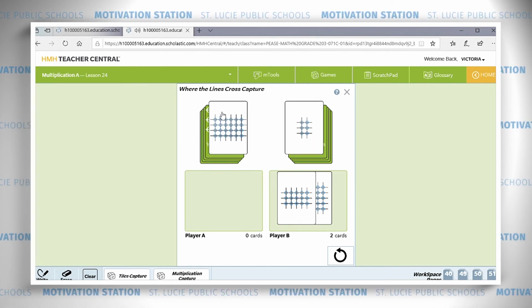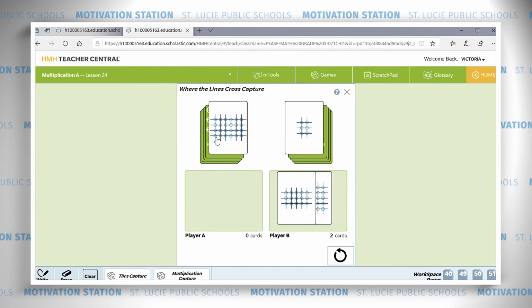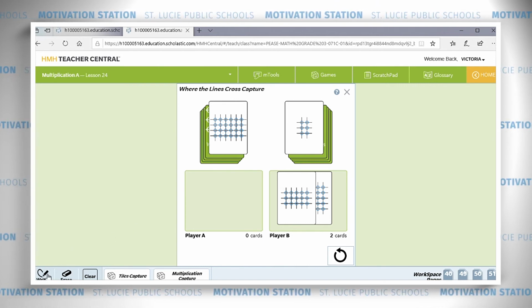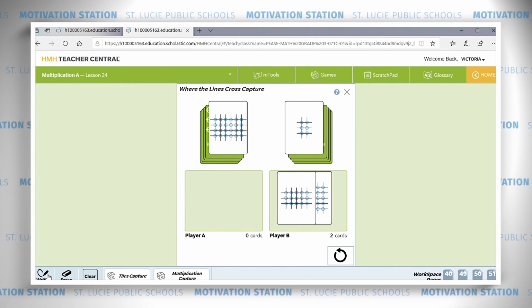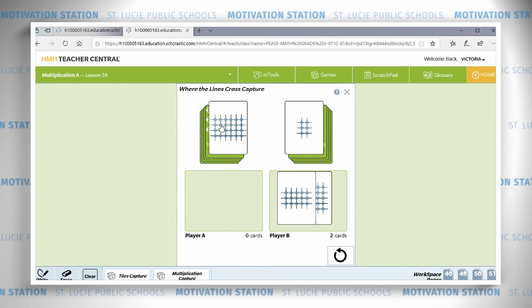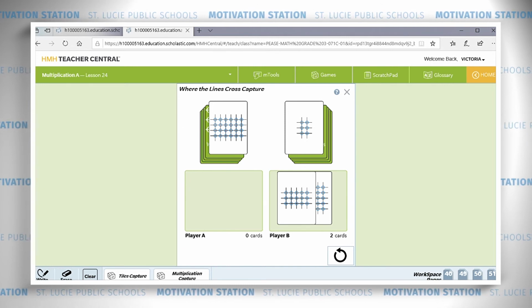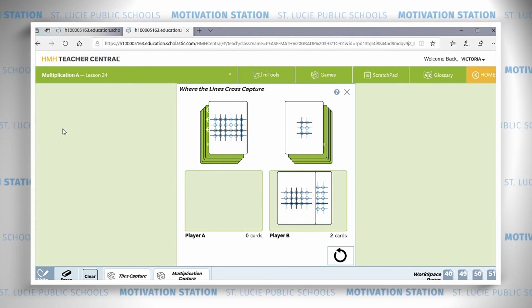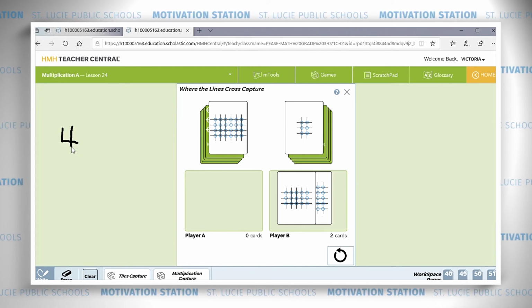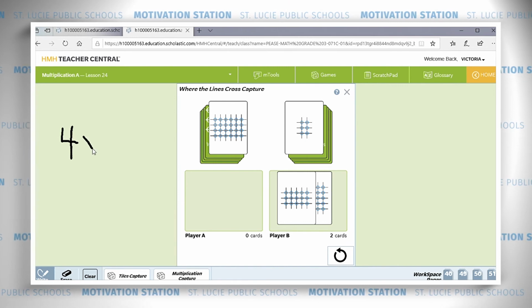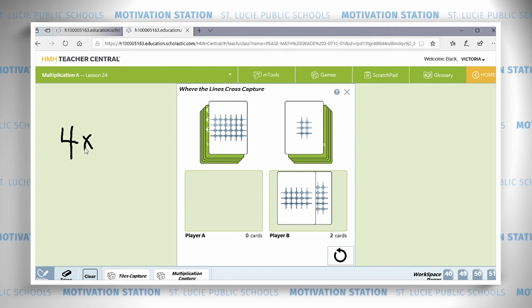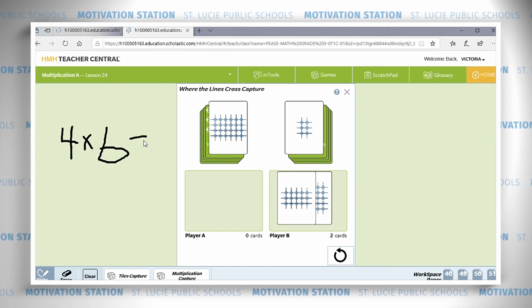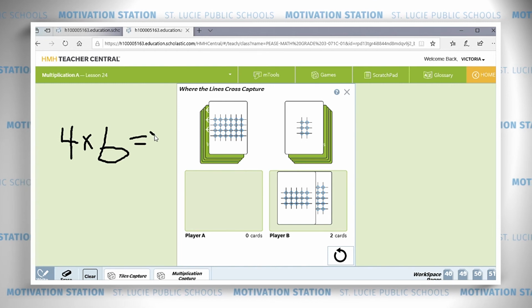Flip these over. This is a 4 by 6 array. Now remember too, on your pages, they want you to write the equation 2 ways, because this card could be flipped. So we're gonna go to write. I'll try to write in here. I'm not very good at writing on this, but 4 times 6, oops, I told you I'm not very good at this, equals 24.